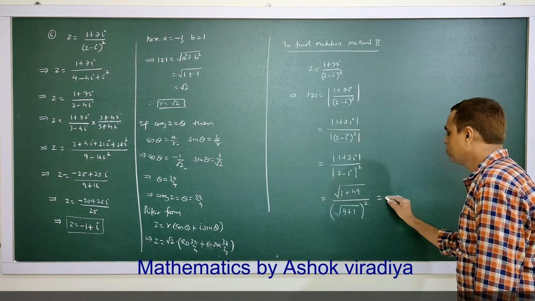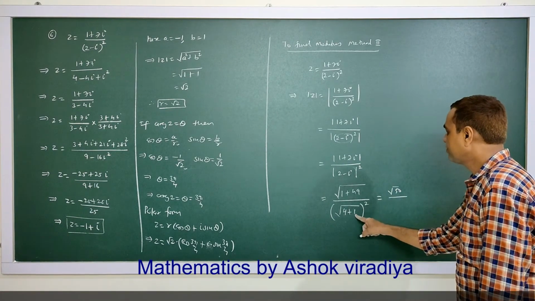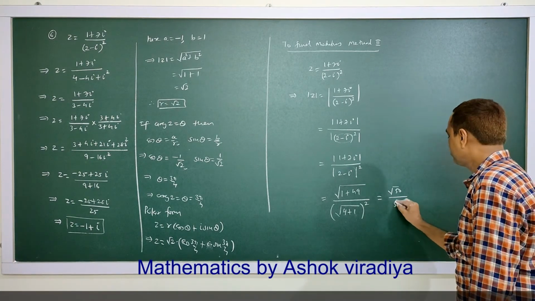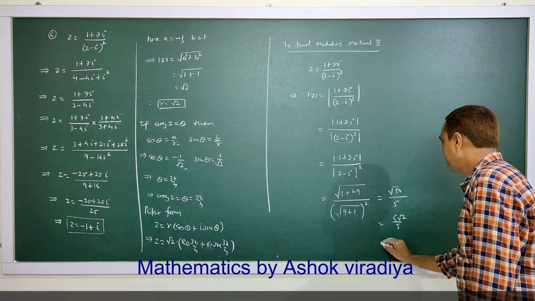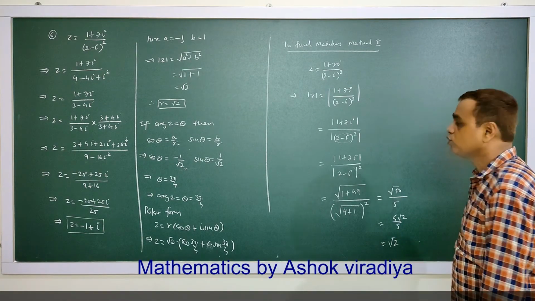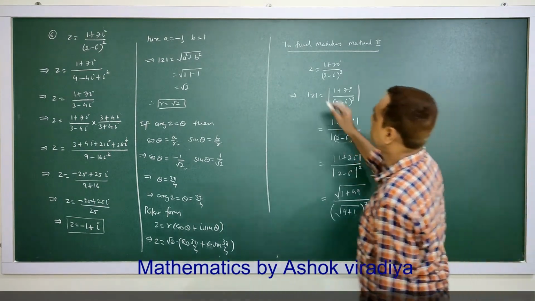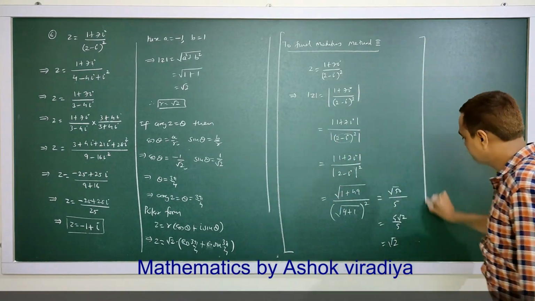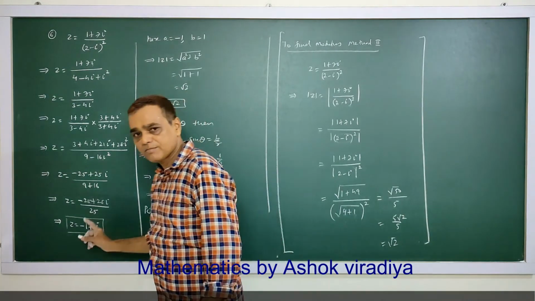So it is equal to root 50 upon root 5 square. Root 5 square is 5. So it is 5 root 2 upon 5, that is root 2. So the modulus can also be found by this method if you want only the modulus. But if you want the argument, you have to convert into a plus bi form.